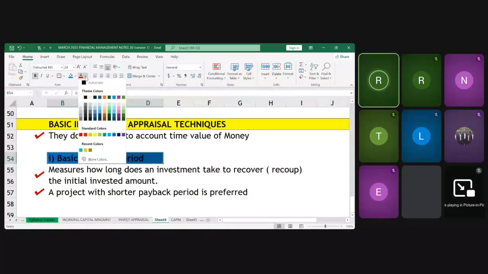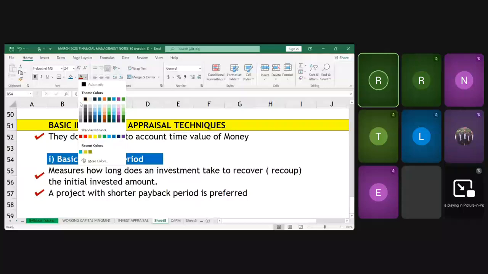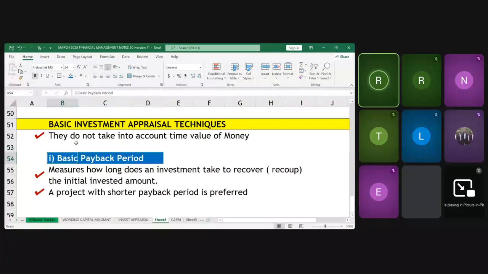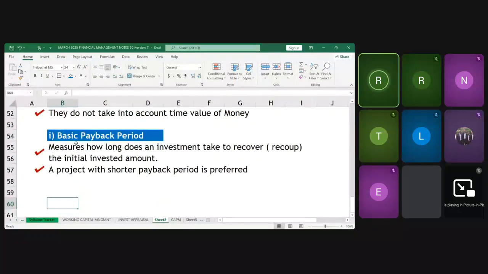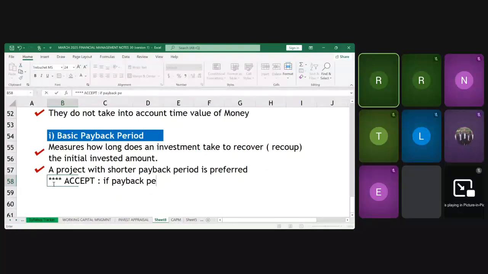All right, so the next item that we want to look at is accepting if we are to assess a project using payback period. Of course, it's not every project that we should accept or reject. So for accept or reject: accept if payback period is lower than required.